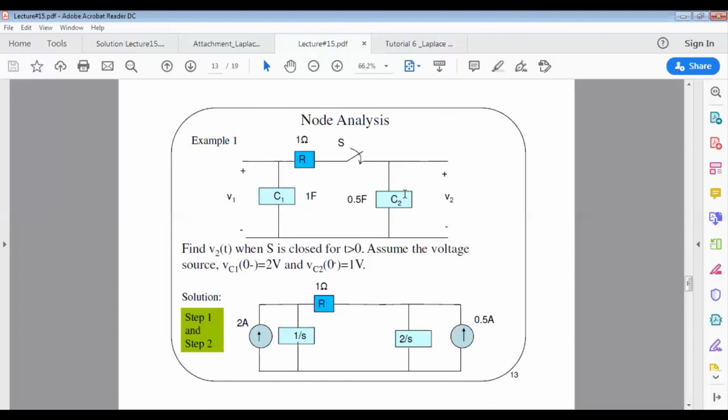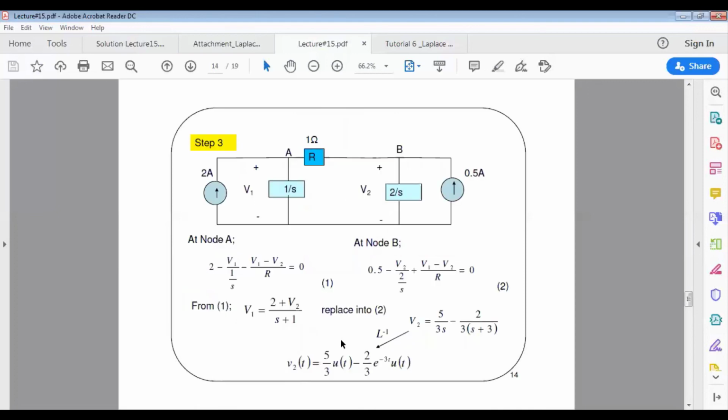Remember what the aim is. The aim is to find V2(t), the voltage across this capacitor. So now we are going to use node analysis for this problem. We have these equations at node A and node B respectively. At node A, we have (2 minus V1) over (1 over S) minus (V1 minus V2) over R equals 0.